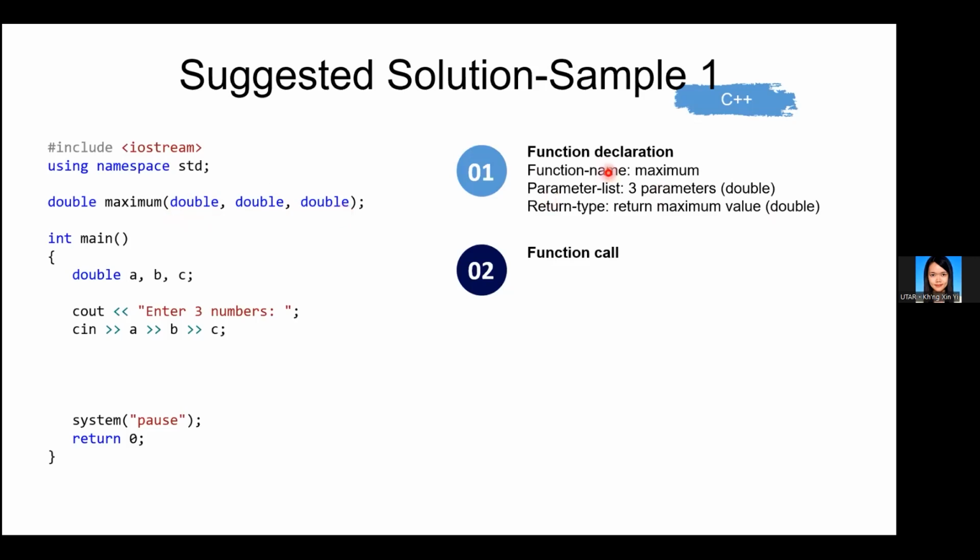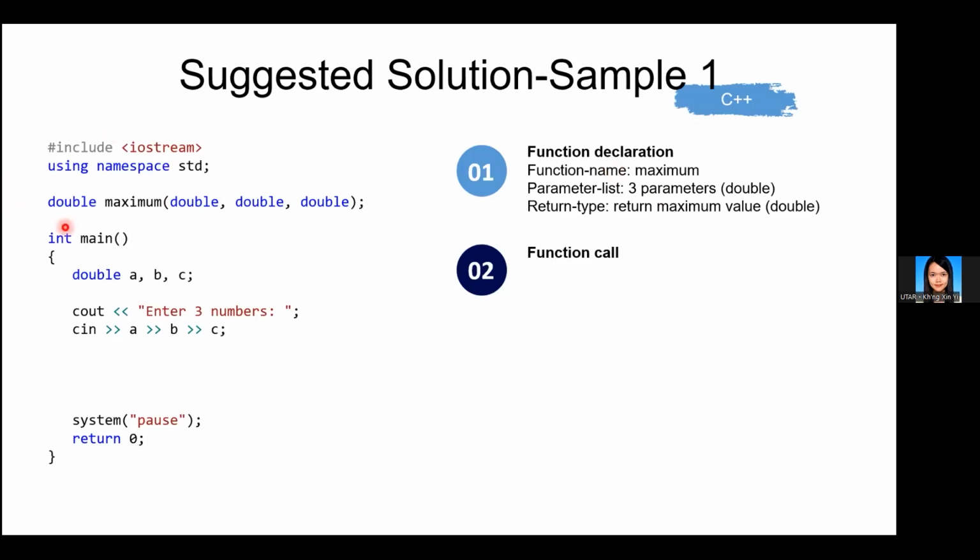Okay, so we've done the function declaration, and it's time to move on to the function call. How can we call the function? Remember, to call the function, you just have two ways. Either the function is the void function, then we can just call the function directly. If the function is going to be a value returning function, either we store the return value in a variable, or maybe we just use the cout to print out the value directly, right?